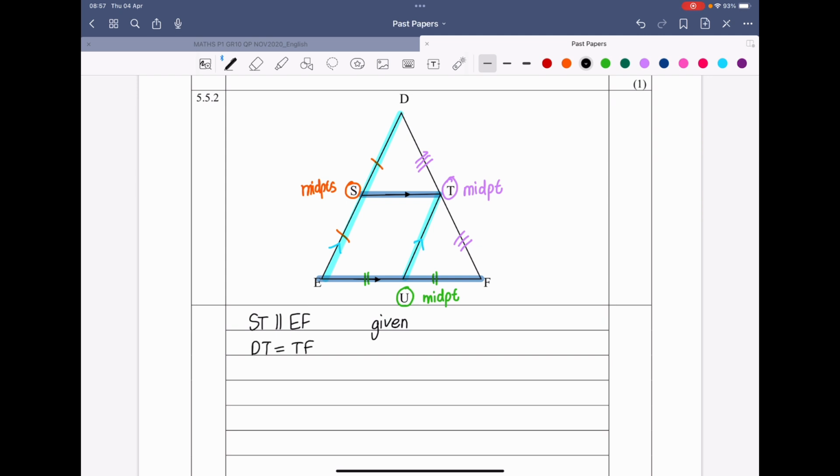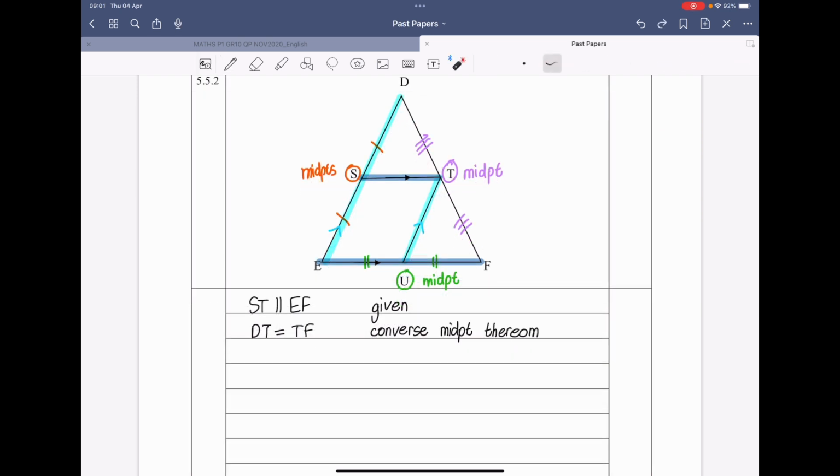And for this reason, I'm going to write the converse of the midpoint theorem. The reason I'm writing converse midpoint theorem is because I'm using the midpoint theorem in reverse.